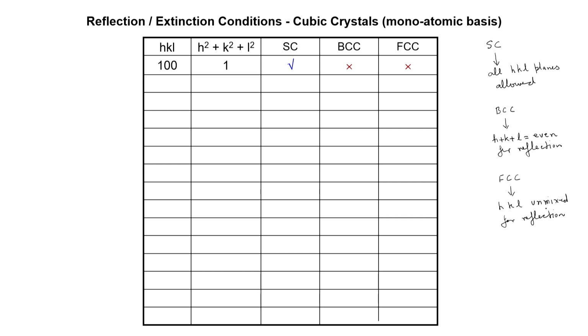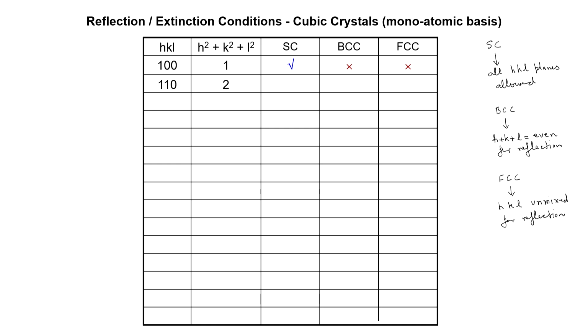That means all the indices h, k, l should either be all even or all odd. So, you can see that in 1 0 0, 1 is odd and 0 is considered as an even number. So, 1 0 0 is a mixed index, and if I add up the indices, the sum is 1, which is an odd number, hence body centered cubic will also not produce any reflection.